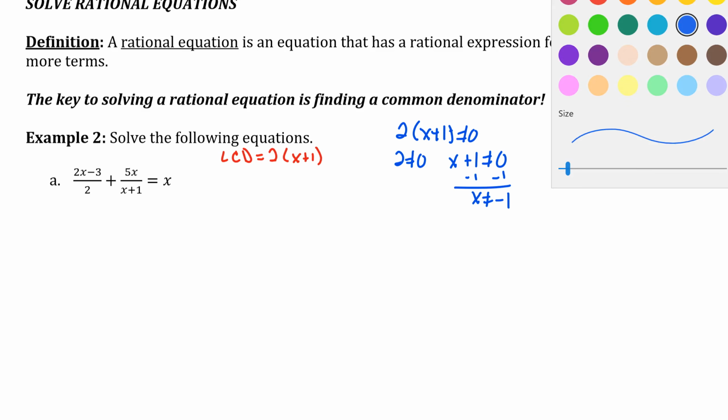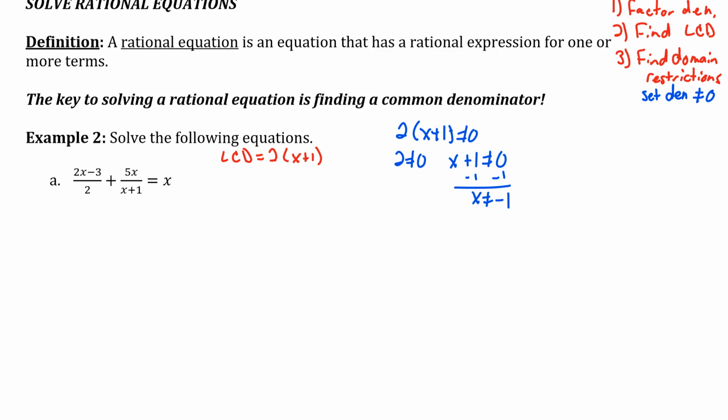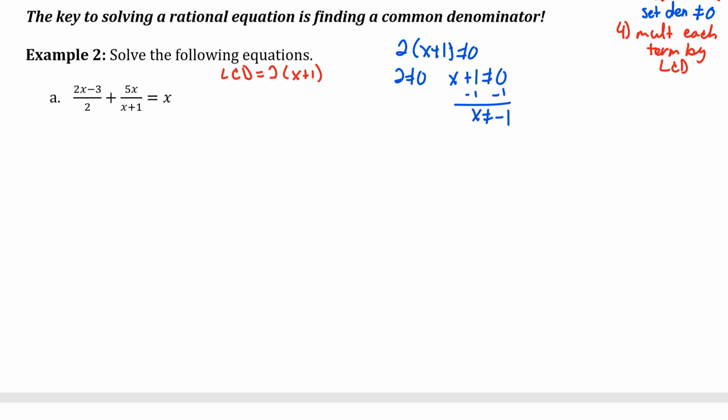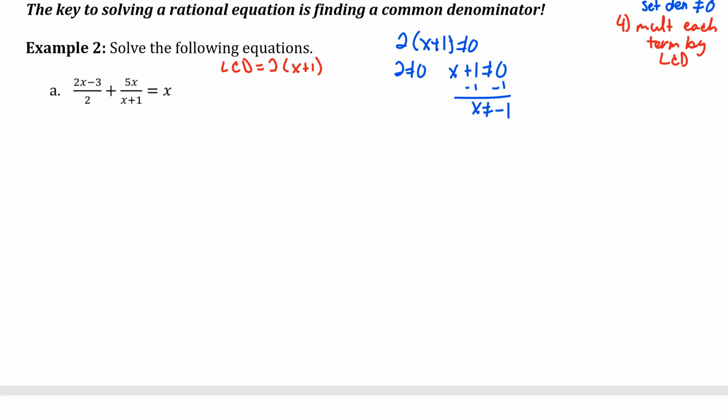So once we've found our domain restrictions, then what we're going to do is multiply each term by the LCD. And this is going to allow us to get rid of those denominators, which I know we all want to do.